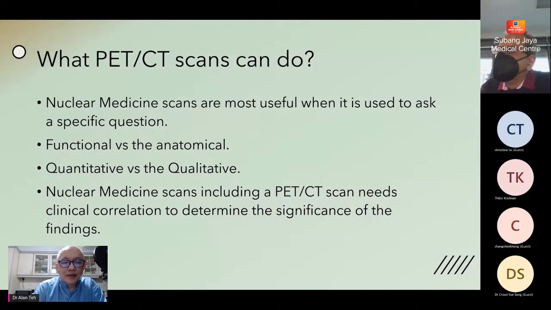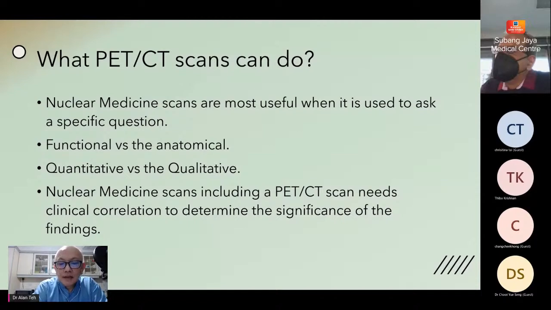Then when it came to Singapore, patients had to go down to Singapore. But thankfully now we have quite a number of PET scan centers in Malaysia, and I'm fortunate to work in a center with good PET scan. It's not just the scan, but actually the quality of the reports and the nuances, which are important.